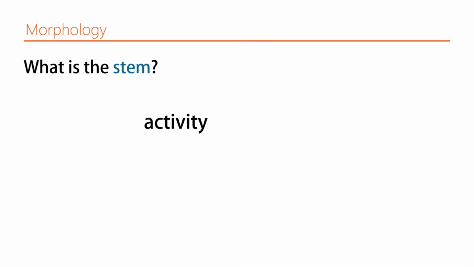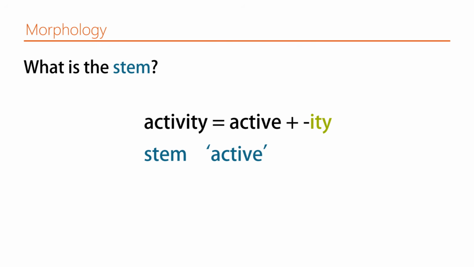That is, it may or may not be free. Consider the word "activity", okay? So "activity" consists of "active" plus "ity". So here, the stem is "active". And what is "ity"?